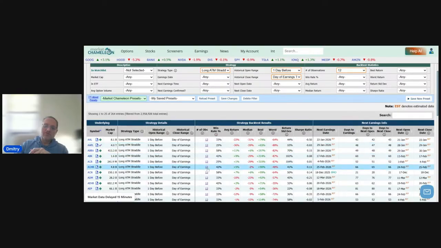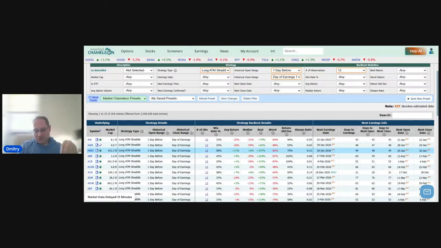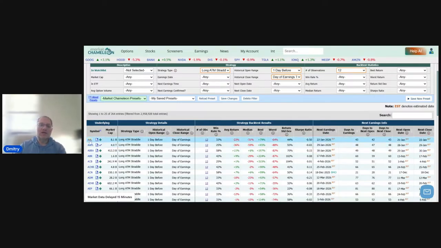So here you can see we have the last 12 quarters. And what are the stats? If we're looking at it from a long perspective, here's the at the money straddle. How frequently was it profitable in the last 12 quarters? This will let us know how well the market's pricing expectations held up. So here, for example, in AAL, 33% of the time out of these 12, the straddle increased in price from the long perspective.